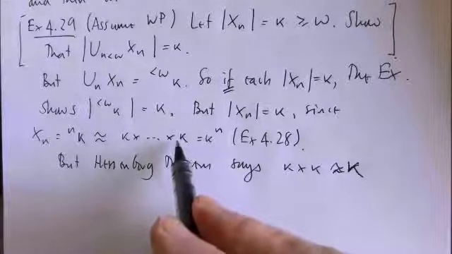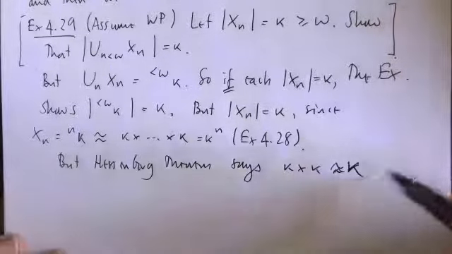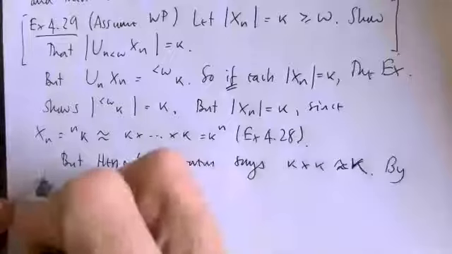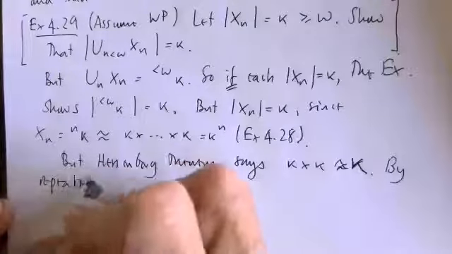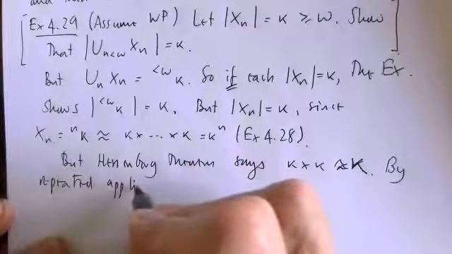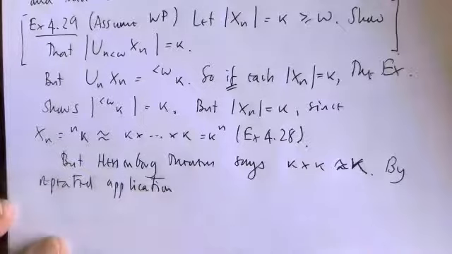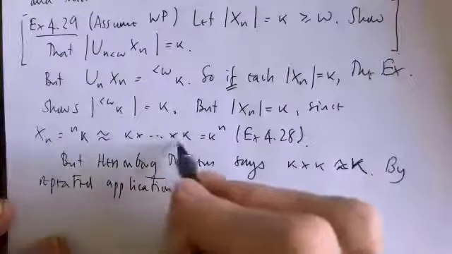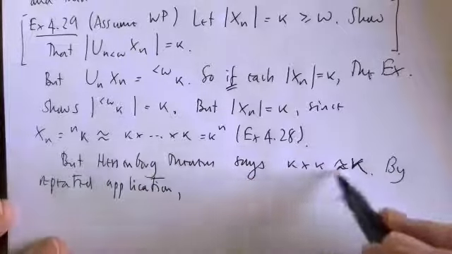And you apply that n times here. So by repeated application, we get all of this is bijective with kappa.